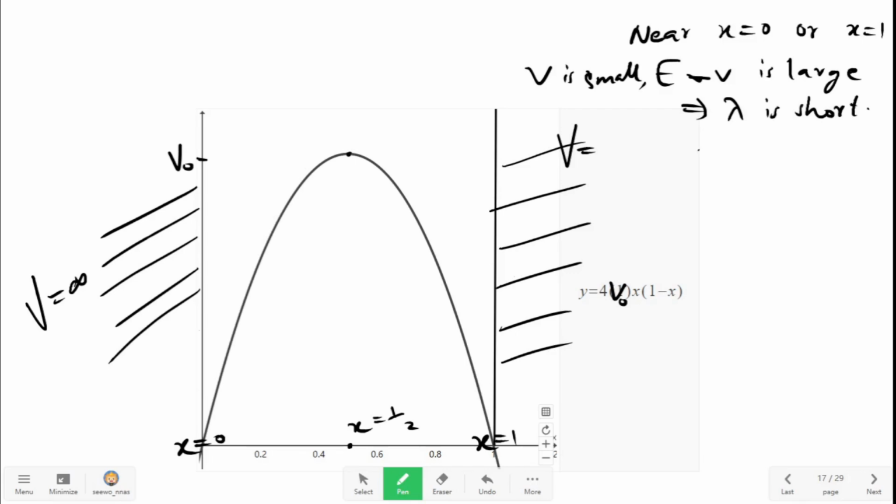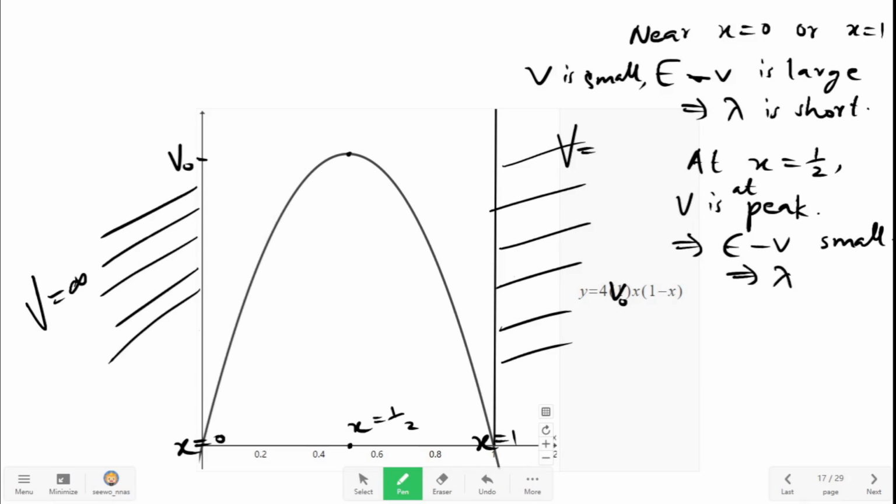And at the center, at x = 1/2, V is at the maximum, V is peaking, V has a peak. This implies E minus V will be smallest, which implies lambda is longest.